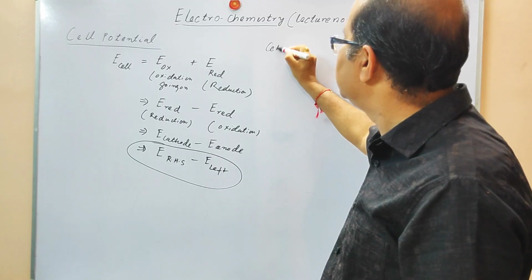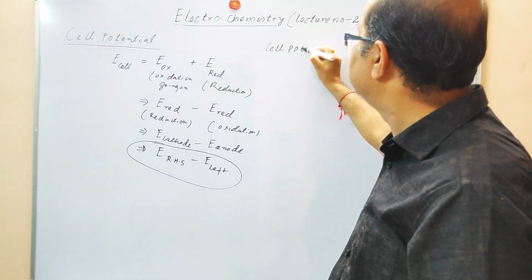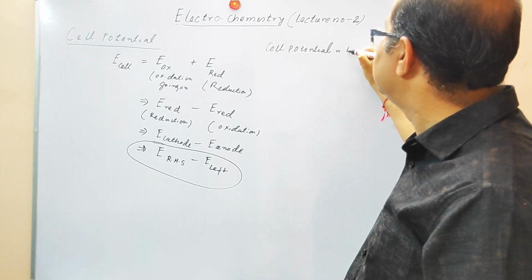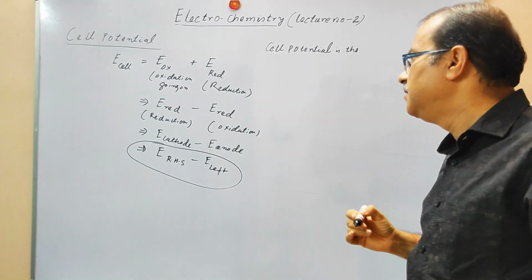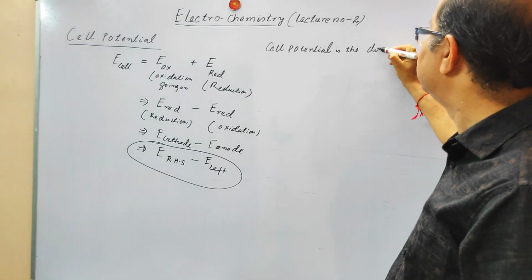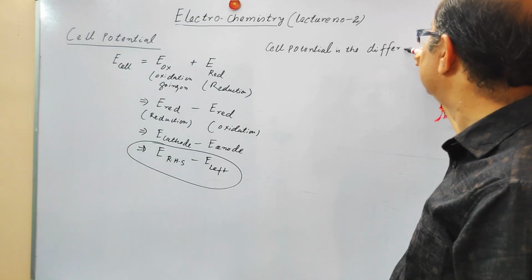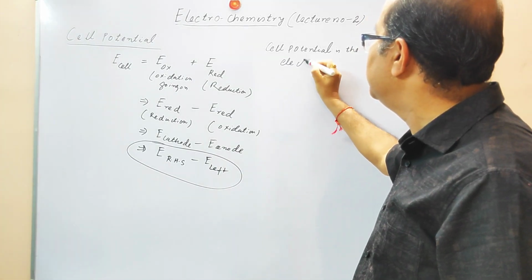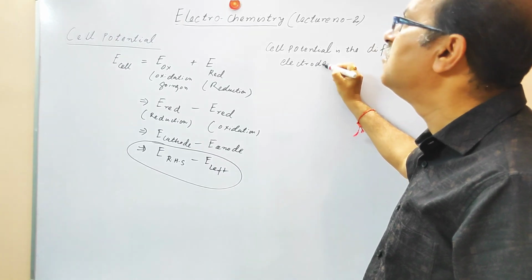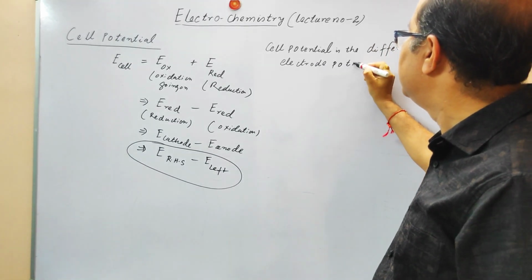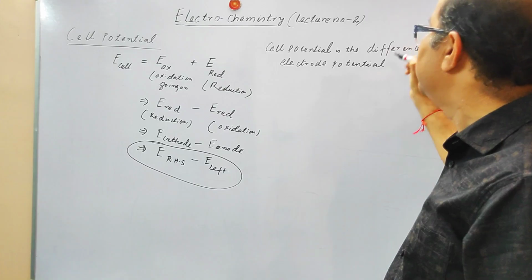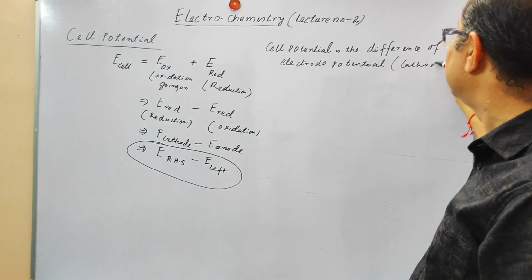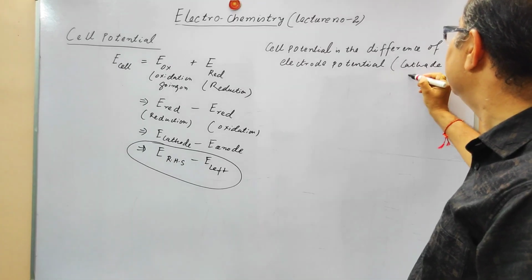So we can write the cell potential is the difference of electrode potential between the cathode and anode.